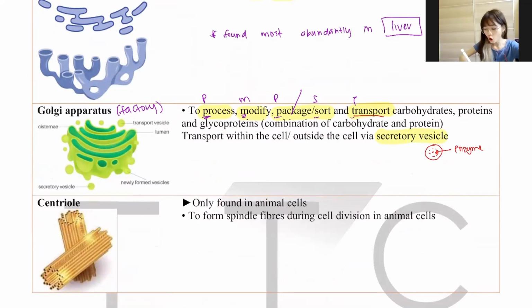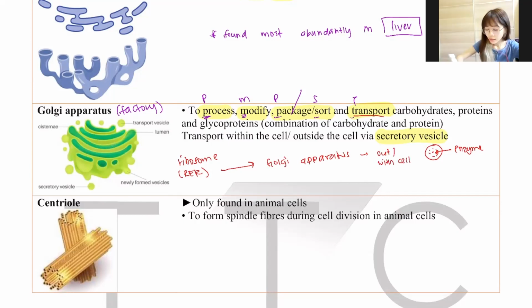So basically, ribosome can be found on rough ER. So rough ER will transport to the Golgi apparatus, and it will be transported out or used within the cell.